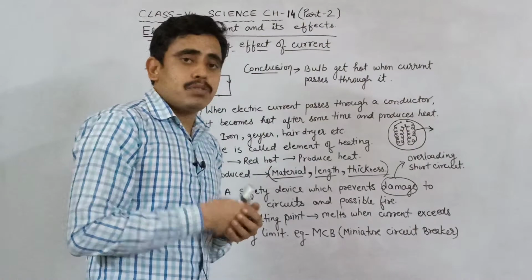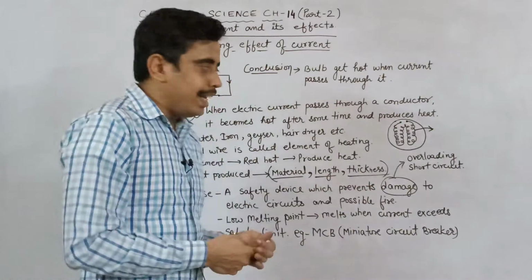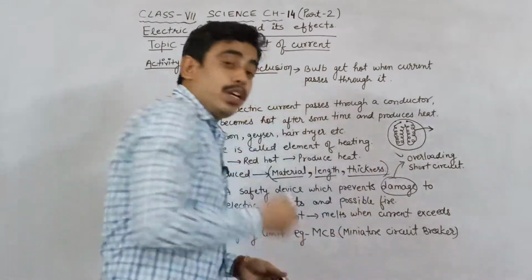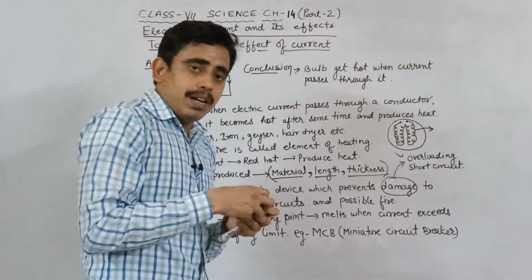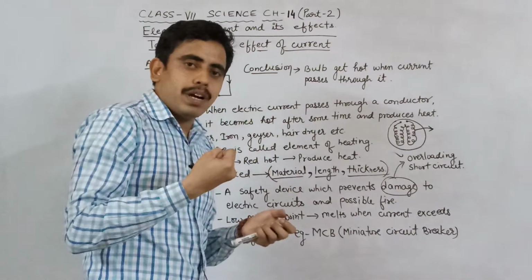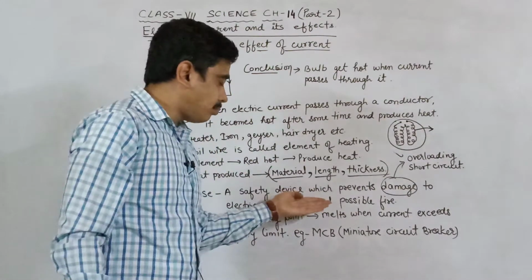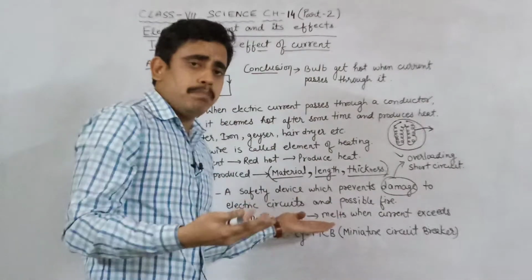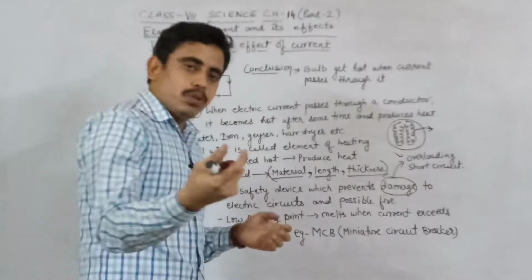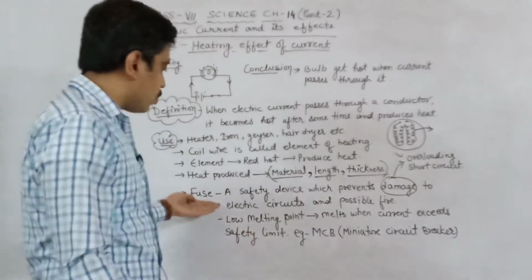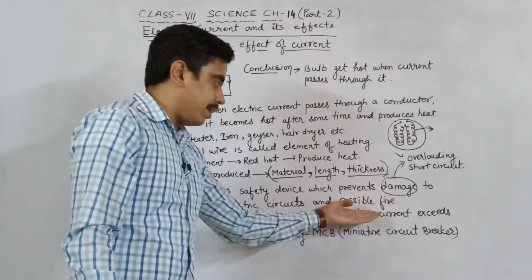You might have read in the news that a fire was caused by a short circuit. Similarly, overloading is a similar condition, when too many appliances are plugged in and, due to the huge current, heat is produced and the appliance may burn. So to protect the appliance and the circuit, a safety device known as a fuse is used, which prevents the electric circuit from possible fire.